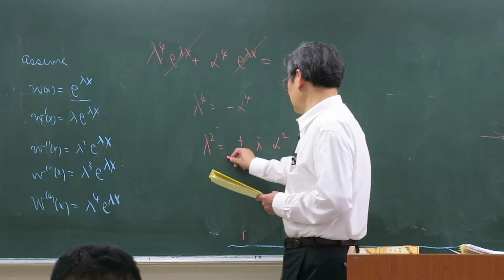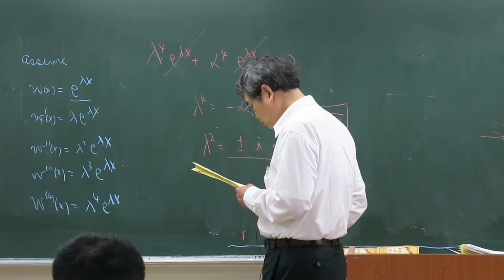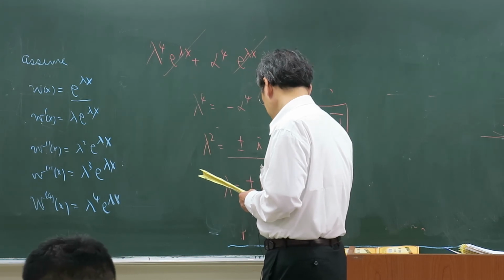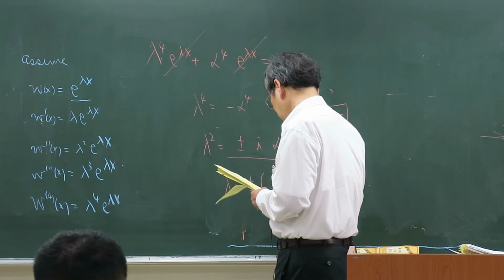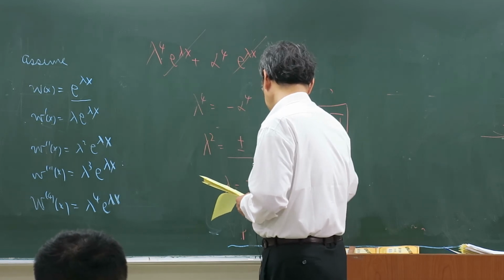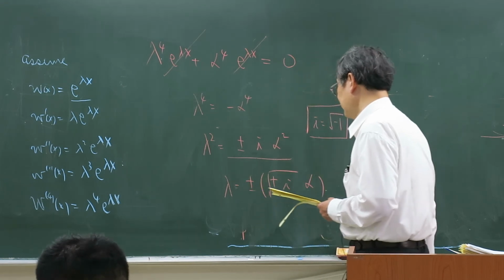And furthermore, lambda will be plus or minus square root of i times alpha.